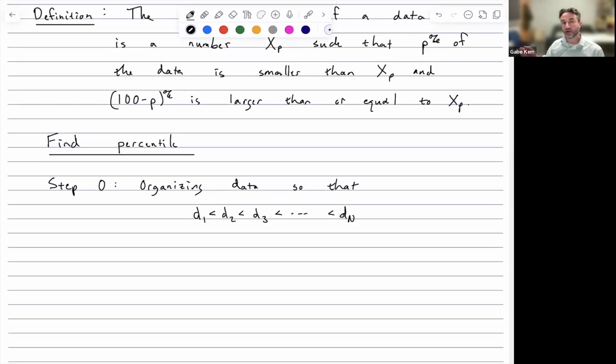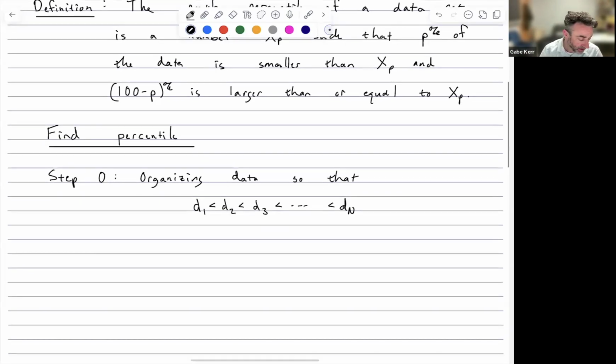If you have a lot of equality, this definition maybe doesn't work so well all the time, because you may not have such a number that splits your data set up in an equal way. But let's assume that we have distinct data points. All right, so that's easy enough.